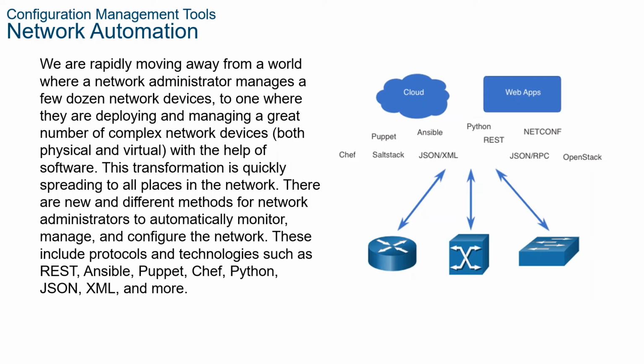This transformation is quickly spreading from its beginning in the data center to all the places in the network. So there are new and different methods for network operators to automatically monitor, manage, and configure the network. As shown in the figure, this includes protocols and technologies such as REST, Ansible, Puppet, Chef, Python, JSON, SAML, and more.